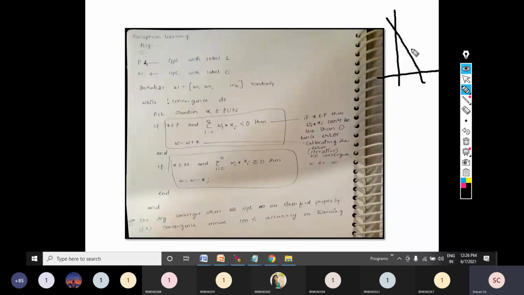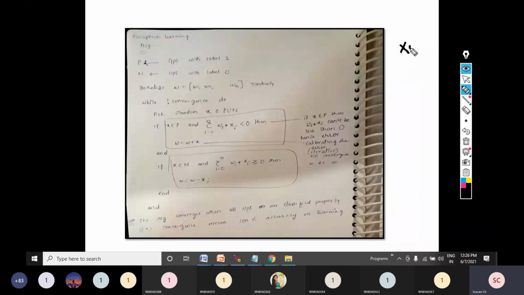If my entire problem space can be divided into two halves, so that on one side of the line I have positive examples, and on the other side I have negative examples, then the problem is called linearly separable. If you remember, we have seen examples of AND gate, which was linearly separable, but XOR was not linearly separable.